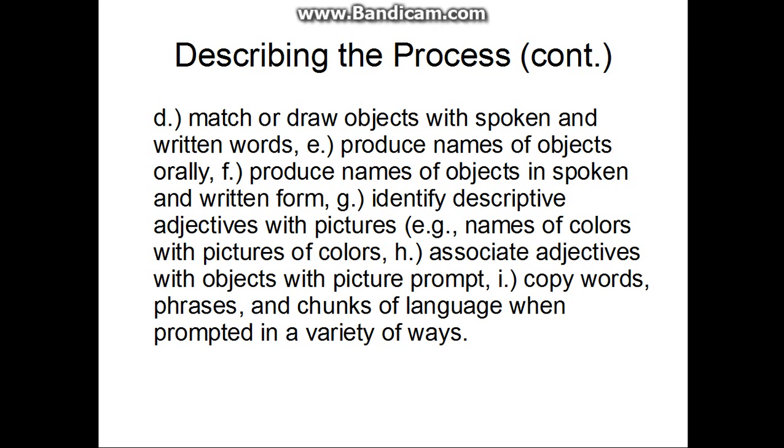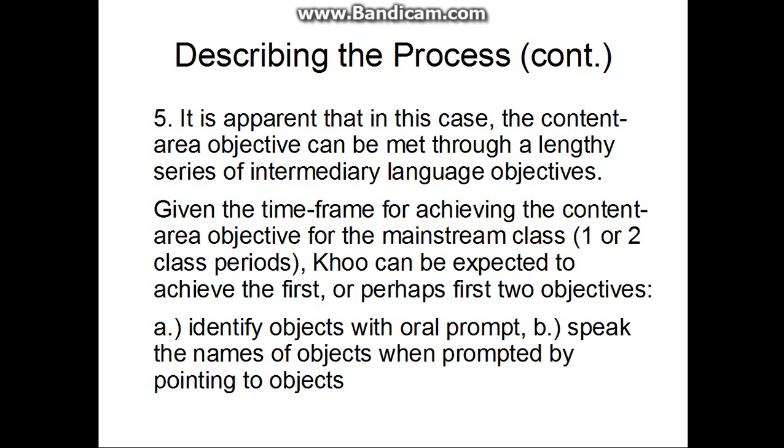Okay, now we can see that there's a long way to go from where he is to meeting the content area objective. So what can we do? All we can do at this point is start at the beginning.